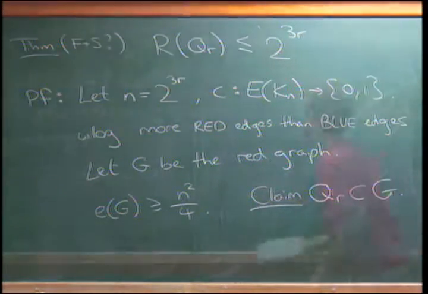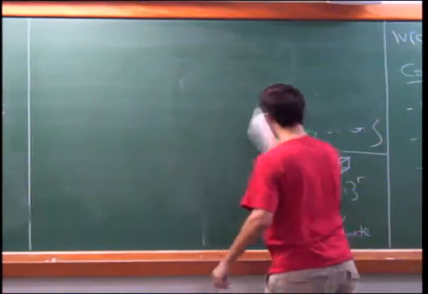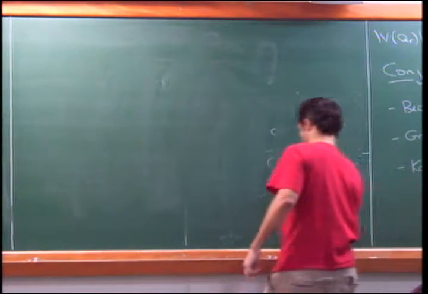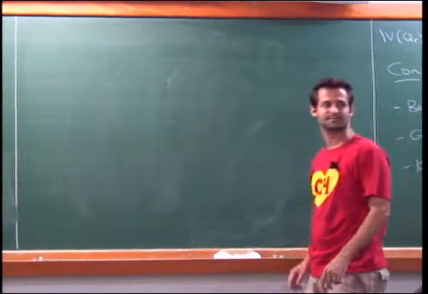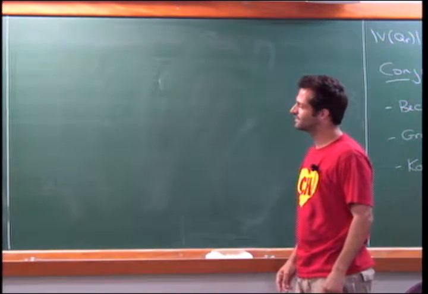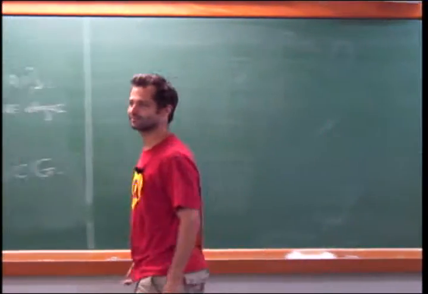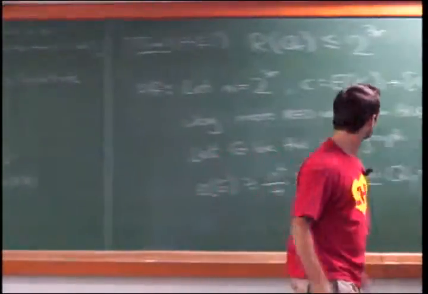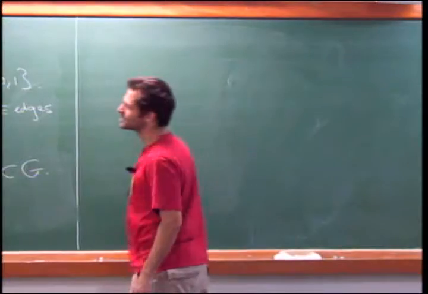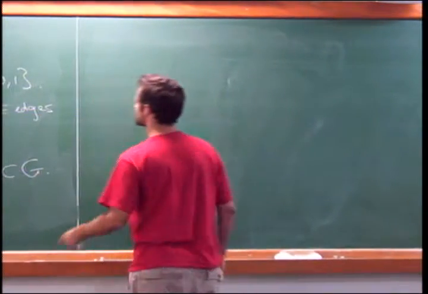So the claim is that there's a copy of Q_R in G. Okay. So, how do we prove it? Using our two lemmas. So what do we want?